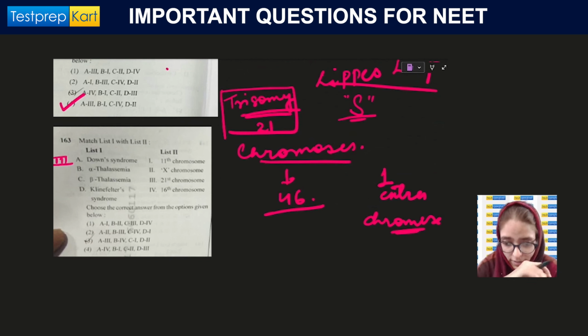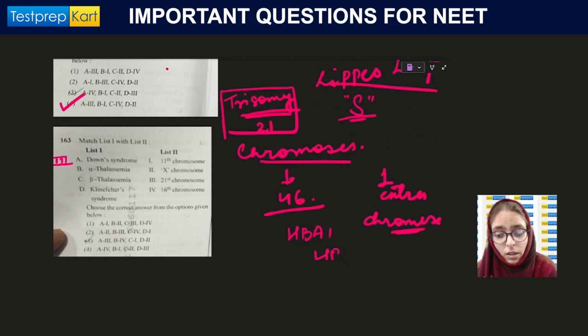Alpha thalassemia is caused by mutations in two different genes, HBA1 and HBA2, and these two genes are located on chromosome 16. That is option number 4.